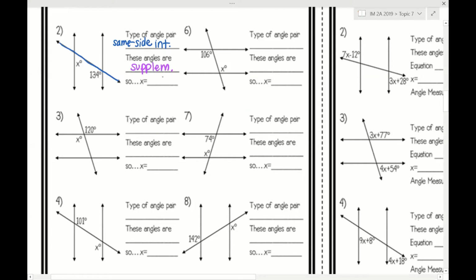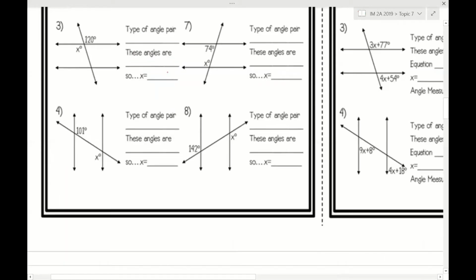which means that in order to find x, I'm going to subtract 180 degrees minus 134 degrees to find the measure of x. So anytime I have supplementary angles, I'm doing 180 minus the angle that I was given. So that means that x is 46 because that angle is labeled as x degrees.